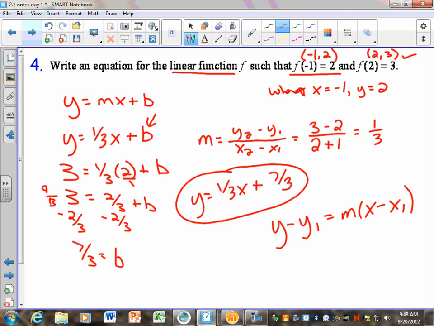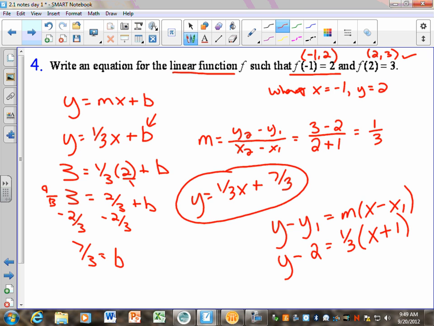I never appreciated point-slope form until I taught calculus, because we write linear equations all the time in calculus, and you don't have to simplify them, which means all you have to do to write this equation is plug in one of those points for x1 and y1 and plug in your slope, and you don't have to do any work to simplify it. So you could say y minus 2 equals 1/3, because that's my slope, x minus -1.